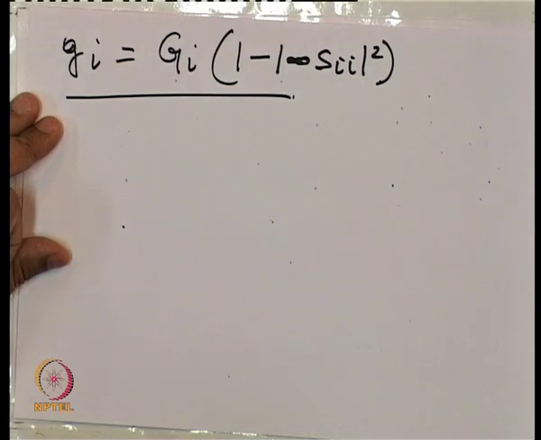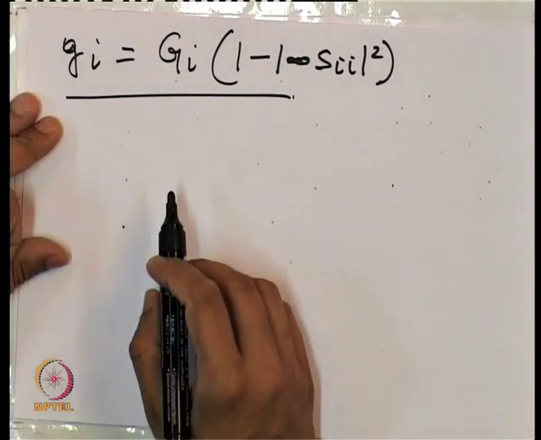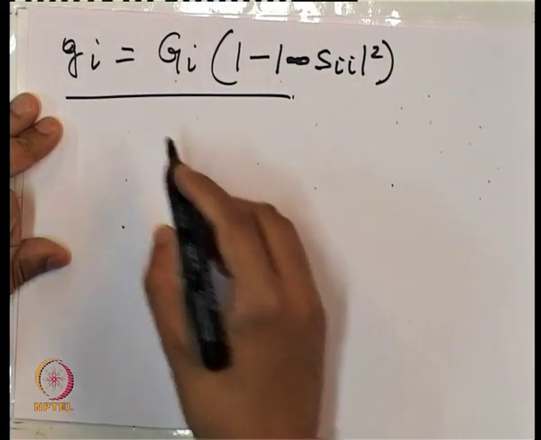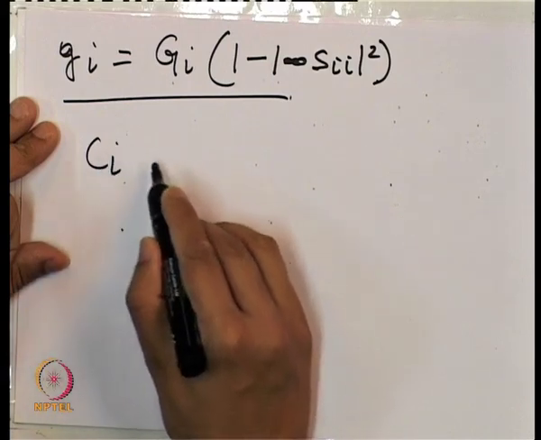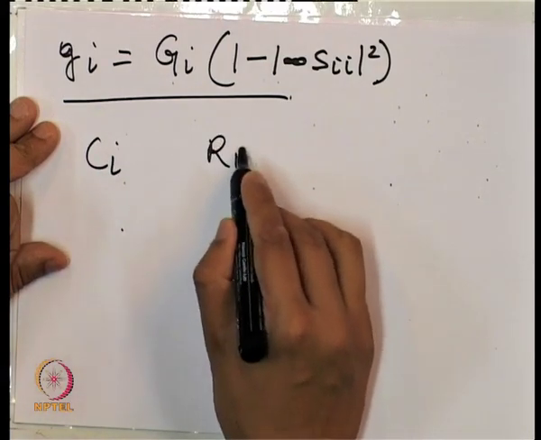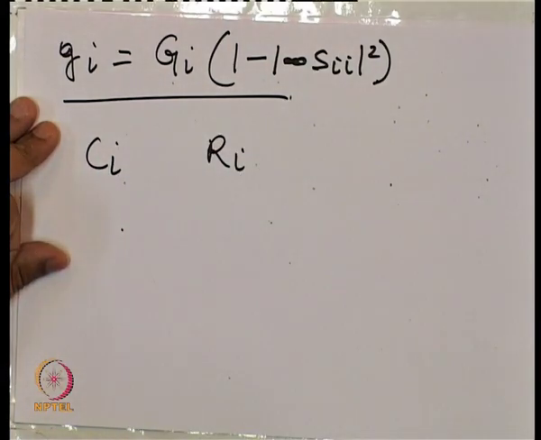However, note that we do not have any concept of Gi max here. There is no concept of Gi max. However, the definition remains the same, and the definitions of Ci and Ri also remain the same.